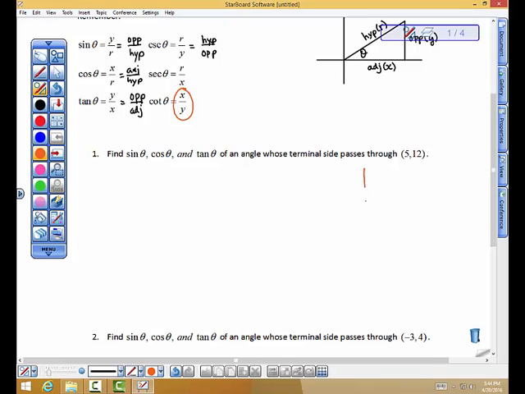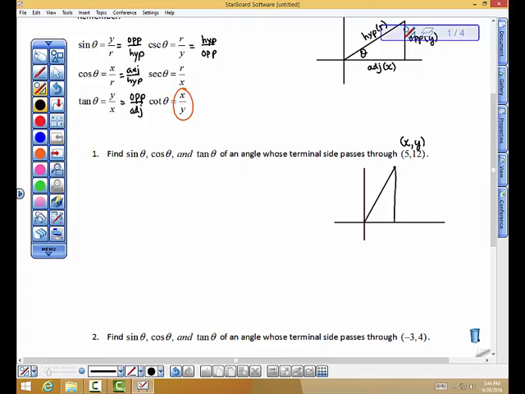So if I were to draw an angle in the first quadrant whose terminal side passes through the spot where x is 5 and y is 12, I would go to the right 5 and I would go up 12. The angle we're speaking of is kind of a large angle, maybe a 66-degree angle or something like that.